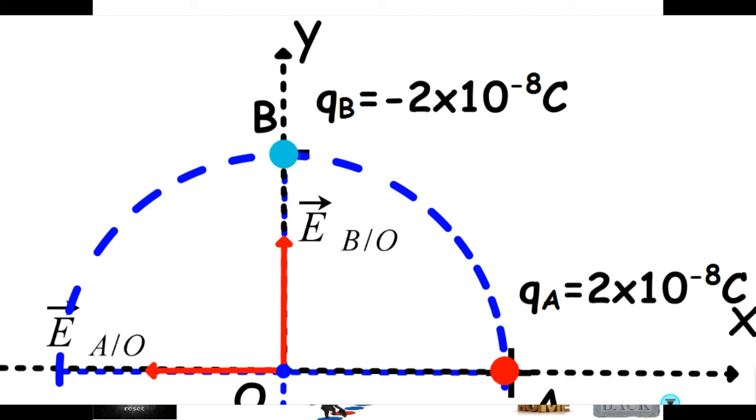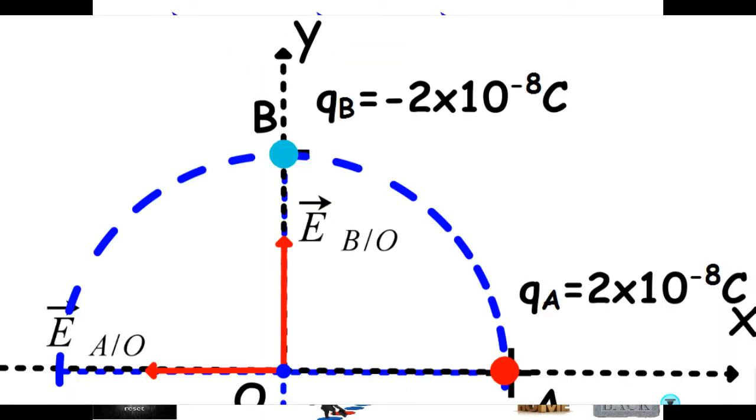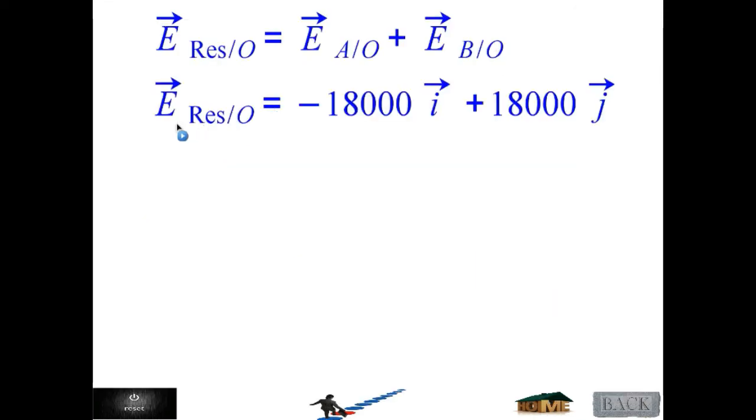So the resultant electric field at O will be E resultant at O equals the electric field created by A on O plus the electric field created by B on O. Here there is no need to make a projection, since EA on O is along the x-axis and EB on O along the y-axis. So directly we can plug in the numbers: E resultant at O equals minus 18,000 i plus 18,000 j.